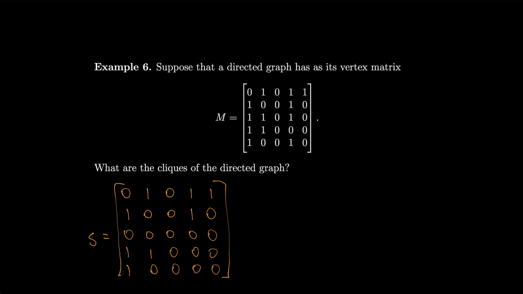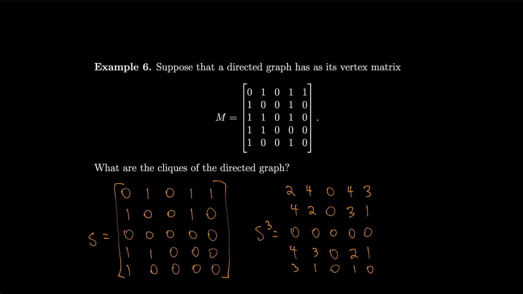You can double check that a little bit more slowly. In any case, you cube it, and you'll get 2, 4, 0, 4, 3, 4, 2, 0, 3, 1, 0, 0, 0, 0, 0, 4, 3, 0, 2, 1, 3, 1, 0, 1, 0.